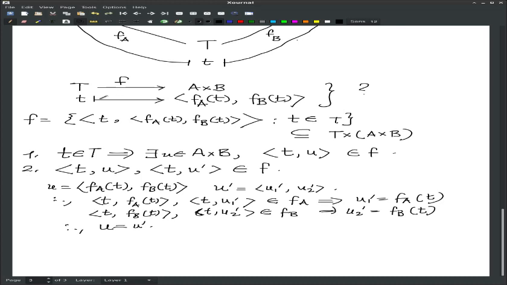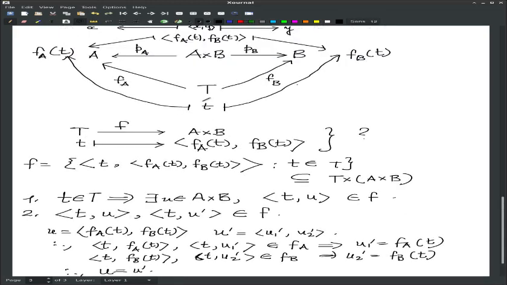You can see it from, since FA and FB are functions, for each t you have a unique choice of FA and a unique choice of FB, and hence a unique choice of this pair. Okay? So F is this function. Okay? So I have defined a function over here, and as I have observed that PA composed F is nothing else but FA, and PB composed F is nothing else but FB.